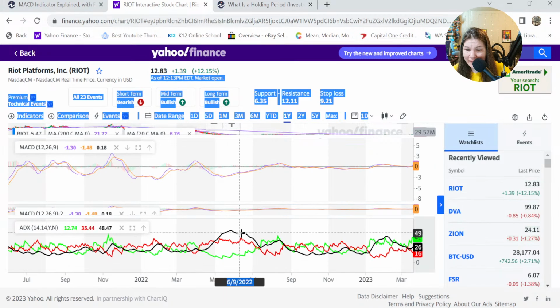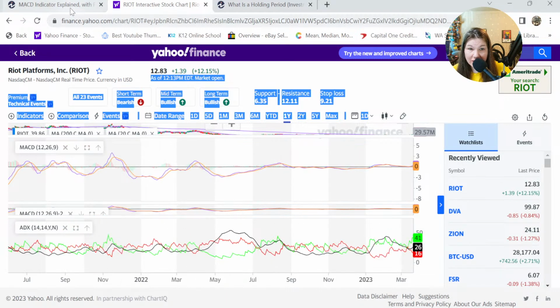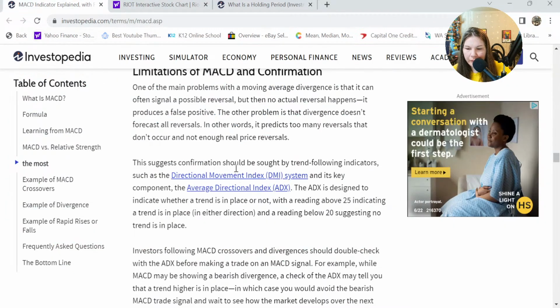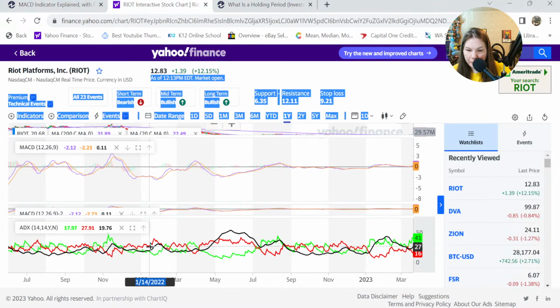So the black line is the ADX line. So let's learn about it so we can know whether a trend is in place or not, because they said the MACD line could be wrong. So if you use this, the DMI and the ADX, it's designed to indicate whether a trend is in place or not. So let's see.